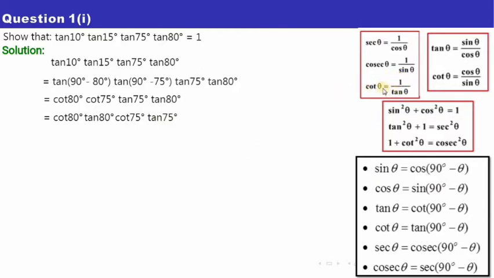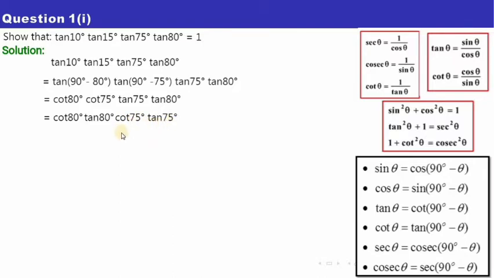When you take this tan over here, it becomes cot theta, tan theta, and here what do we have? 1, isn't it? So we have cot theta, tan theta equals 1. Here also 80, here also 80, so this becomes theta, this also becomes theta. So this becomes cot theta, tan theta, and this is exactly equal to 1, isn't it? Similarly, this is 75, this is also 75, so cot 75, tan 75 is also 1.